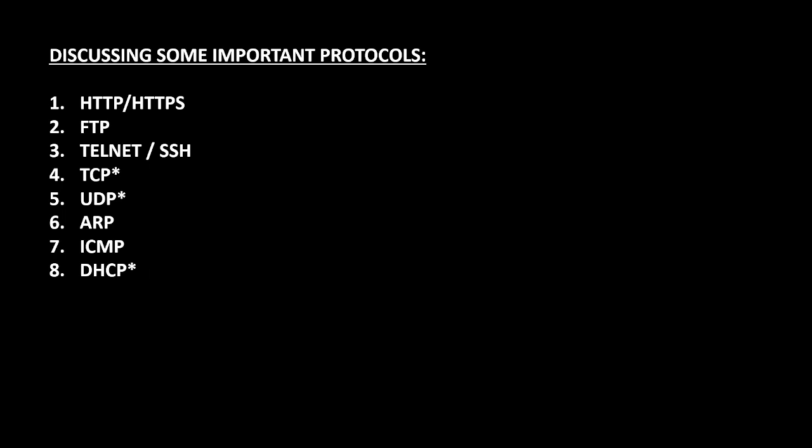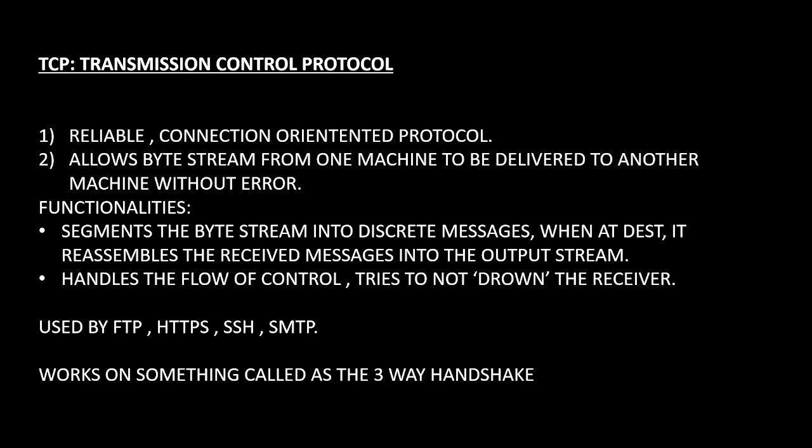So let's move ahead. Now we are going to be talking about the TCP protocol, the Transmission Control Protocol. Number 1, it's a reliable connection-oriented protocol. So for device A and device B to talk with TCP, there has to be a connection made between A and B before they talk. It allows a byte stream from one machine to be delivered to another machine without error.